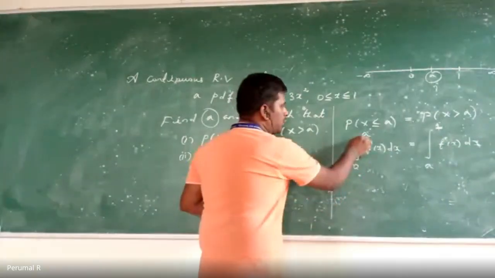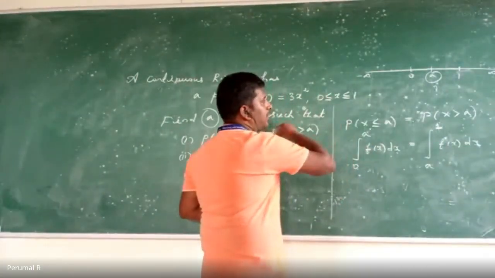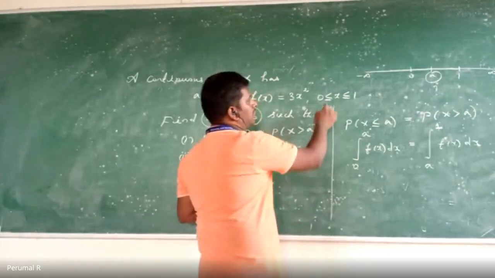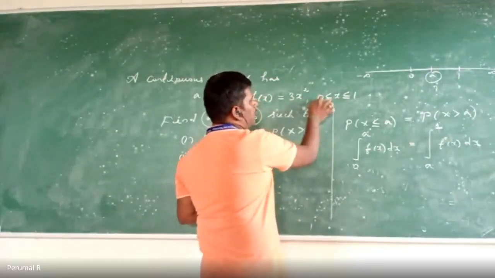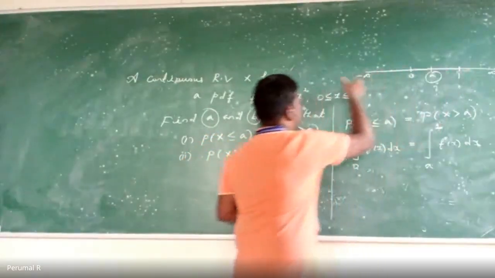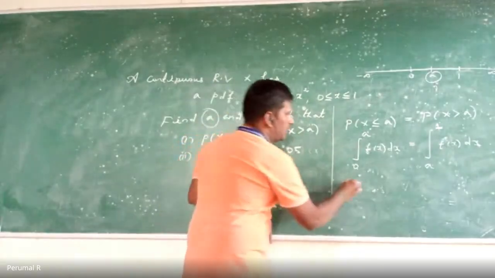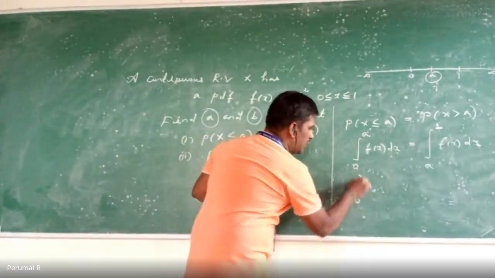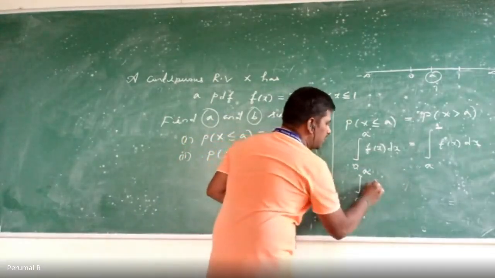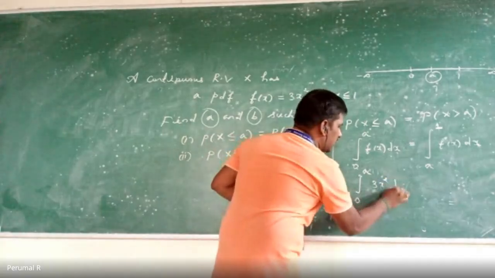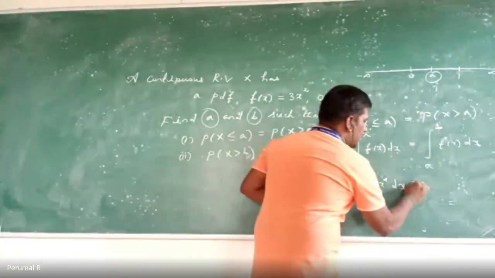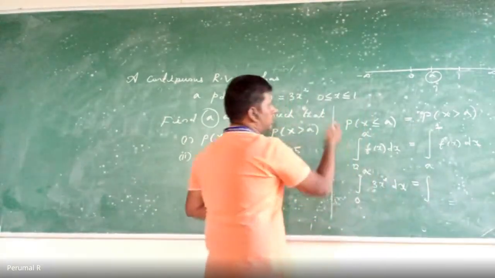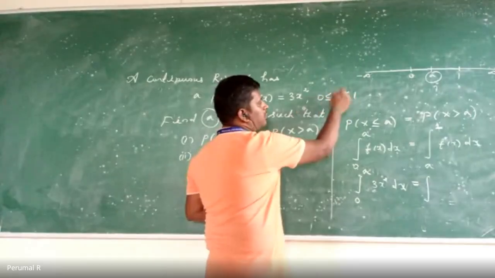Okay, so 0 to a means we don't know the value for a. So for 0 to 1 your function value becomes 3x squared. Therefore, 0 to a, f of x equal to 3x squared dx. Then a to 1, the function value up to 1.